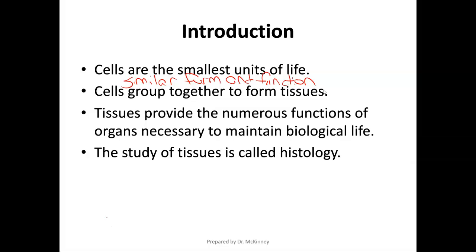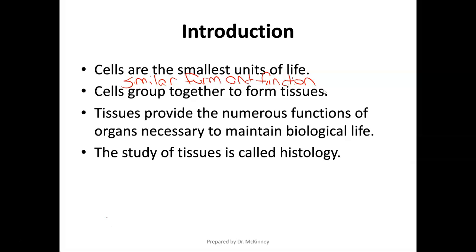So then tissues would be the next level as far as the hierarchy of organization that we talk about in the human body. And tissues will provide the structure and the functions of the various organs that are necessary to maintain homeostasis, which will be necessary to maintain life.